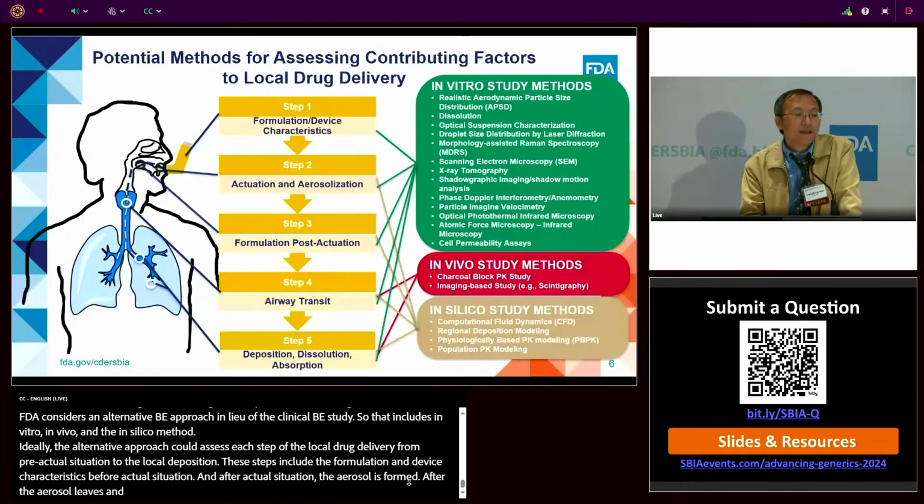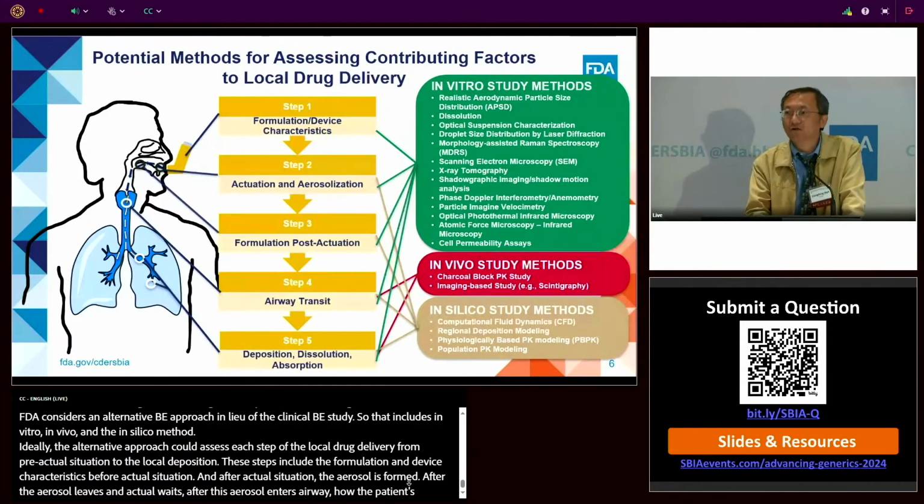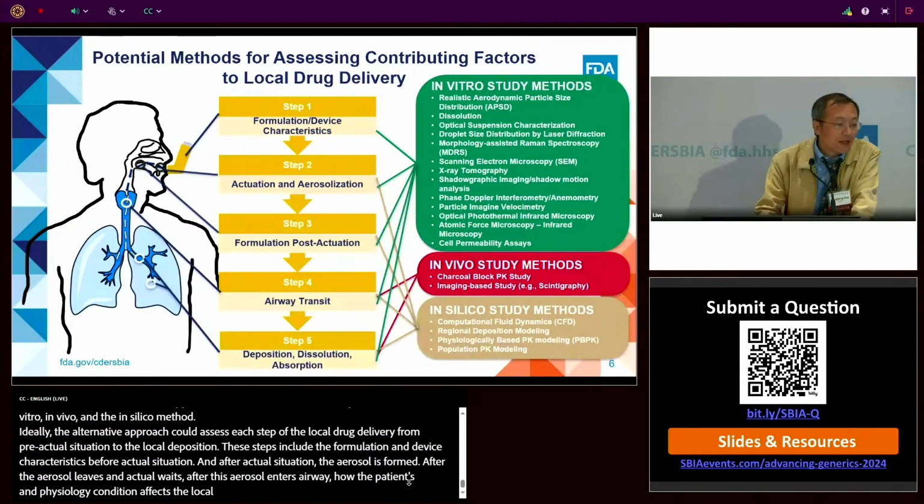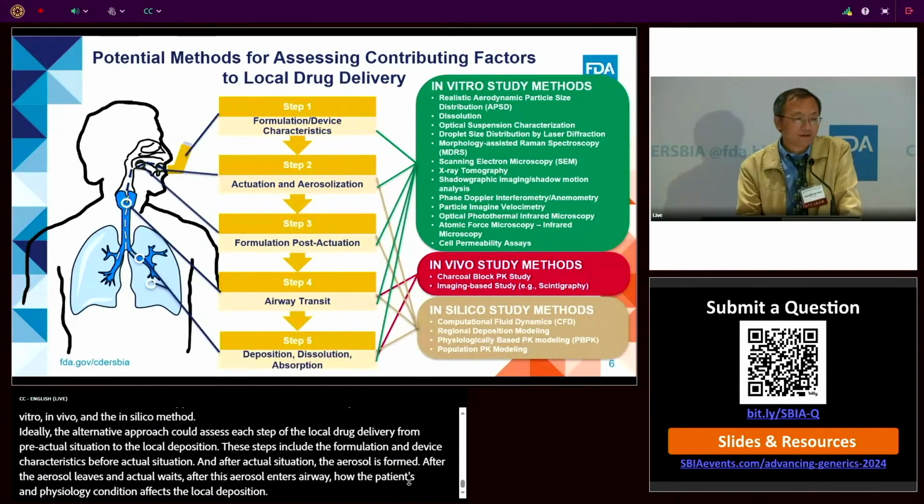After the aerosol enters the airway, the patient's anatomy and physiological condition affect the local drug deposition. After the final local drug deposition, there is the dissolution and the absorption from the local site.